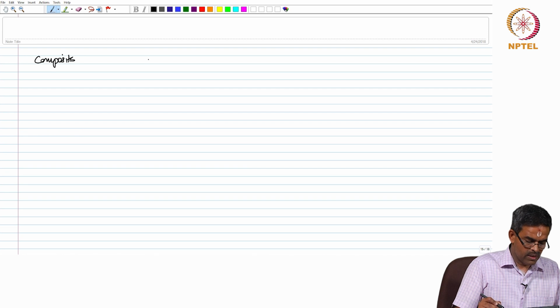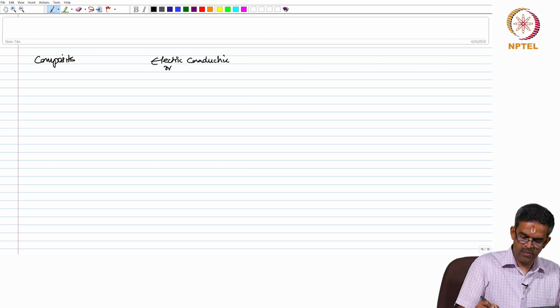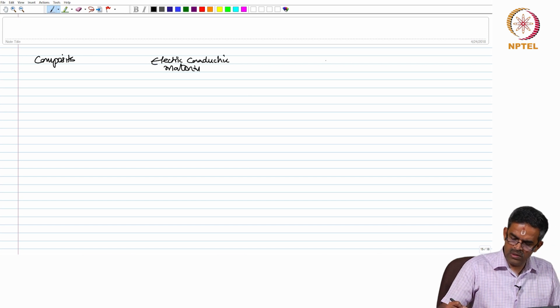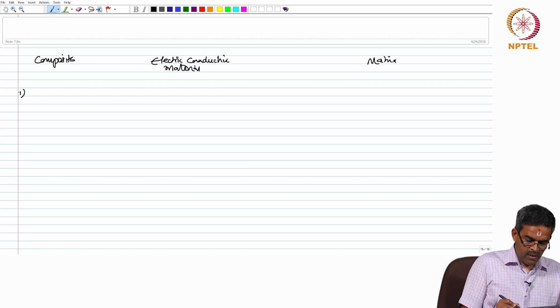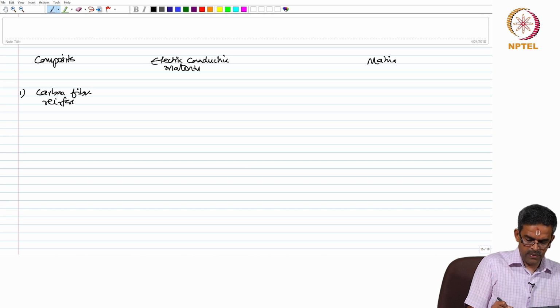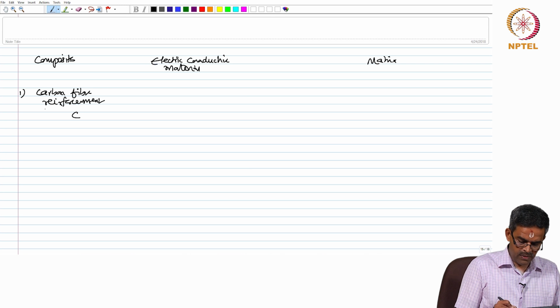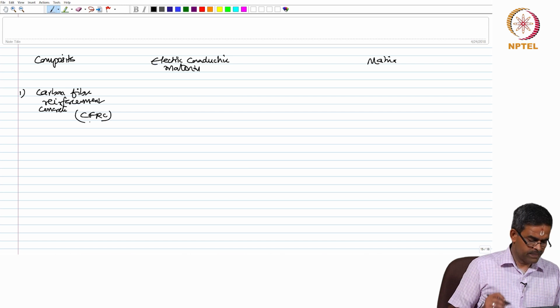which have different electrically conductive material and what is the matrix. The most popular is carbon fiber reinforced concrete, which is CFRC.